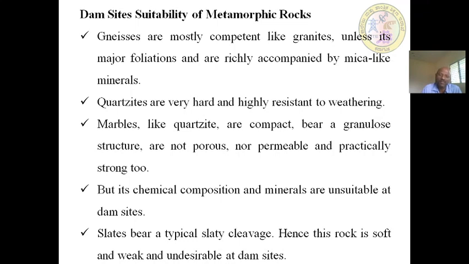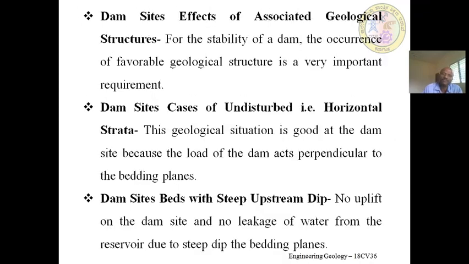Marble's chemical composition is calcium carbonate, and carbonate can react with water. That's why marble terrains are unsuitable. Slates bear a typical slaty cleavage, hence this rock is soft and weak and undesirable at dam sites.